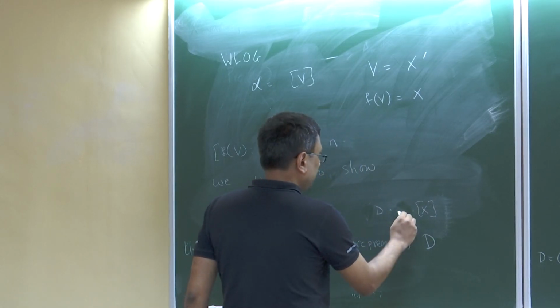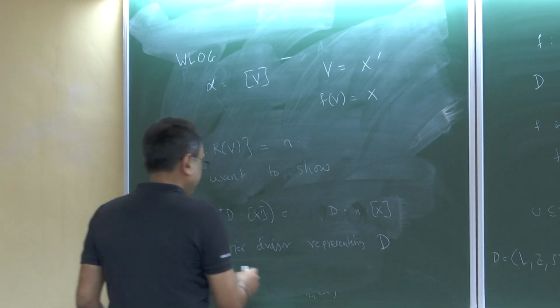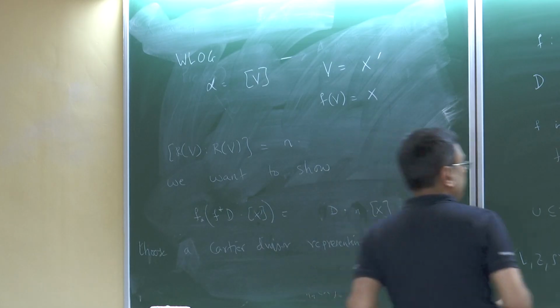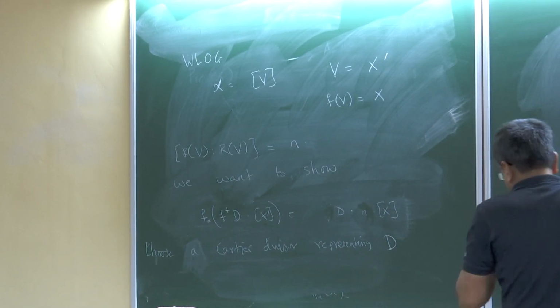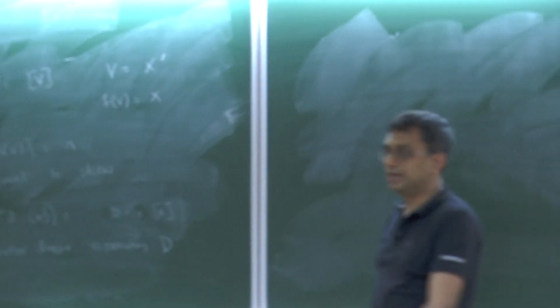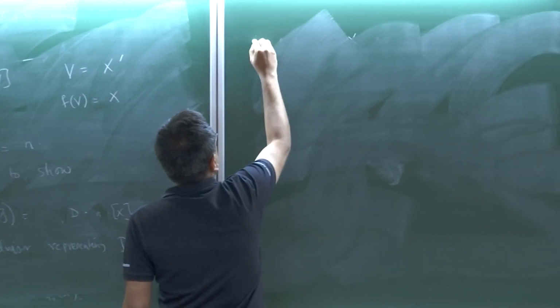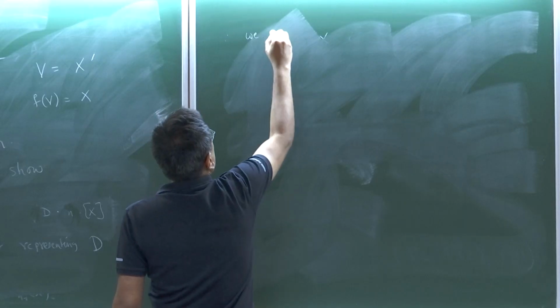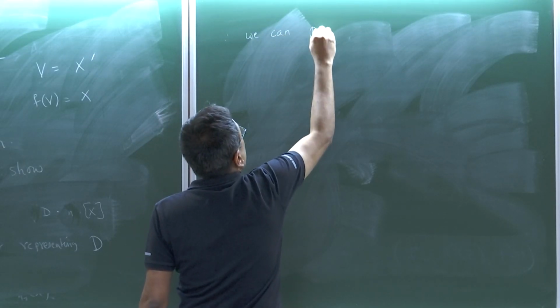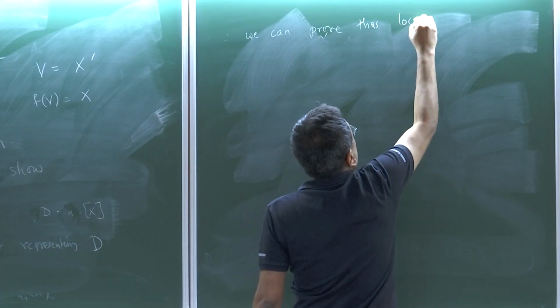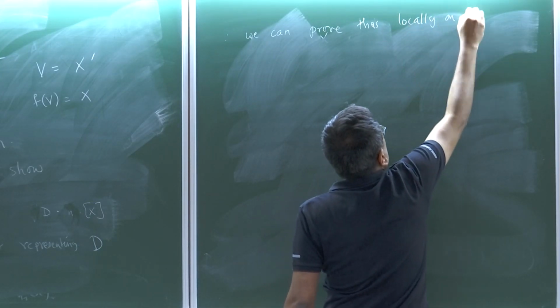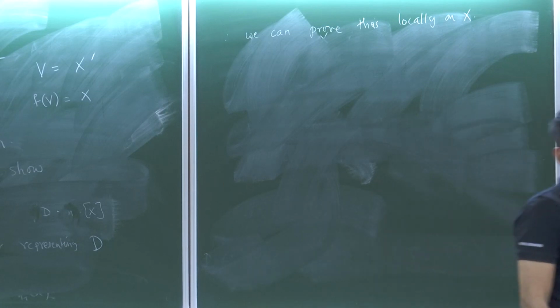So we have to prove this equality as cycles. And because we have to prove some equality of cycles, I can do it locally. That is the reduction. So therefore we can prove this locally on x because it's an equality of cycles, okay?